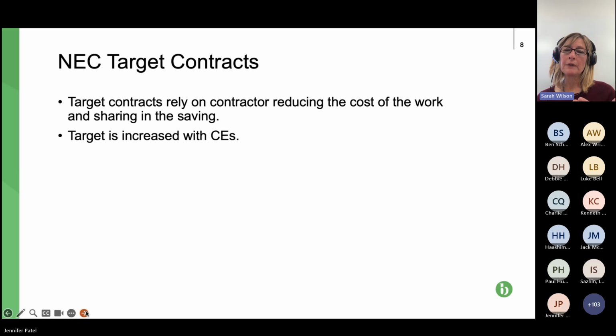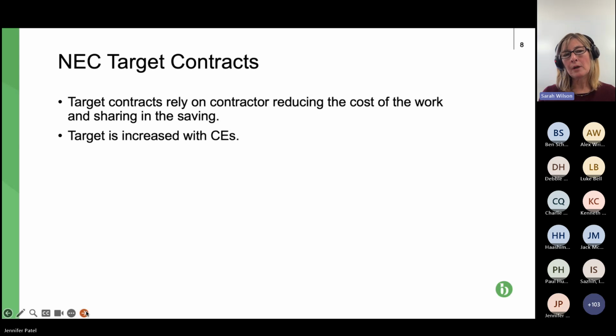If you think about that logically, it makes sense. It would be really unfair if you had a target cost against which you were going to work out a pain gain share, and an employer stroke client could instruct extra work or risks that it's responsible for, and that target didn't increase as a result, because that would then impact adversely on the contractor or the subcontractor in a subcontract.